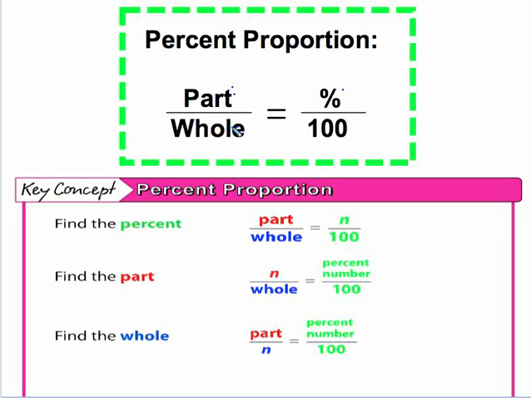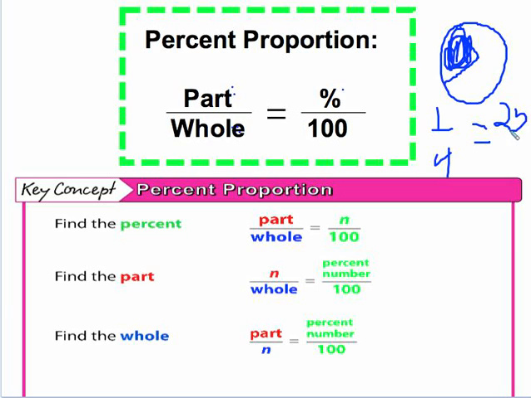Okay, so we use the percent proportion to say that a ratio of a number to whatever whole it was taken out of is equal to the percent of the whole that it originally was. Okay, so for example, if I have an orange and I eat 1/4 of it, I know that that 1/4 of that orange is equal to 25% of that orange.